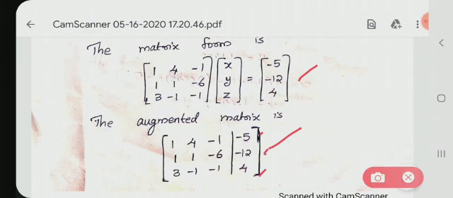Now we transform the augmented matrix to an upper triangular matrix using elementary row transformation. Here the first entry in the first row is 1, which is a non-zero entry. Using that 1, we convert the remaining entries in that column to 0. That is, we have to change 1 to 0 and 3 to 0.